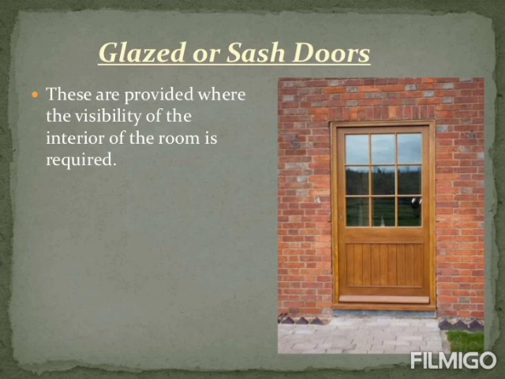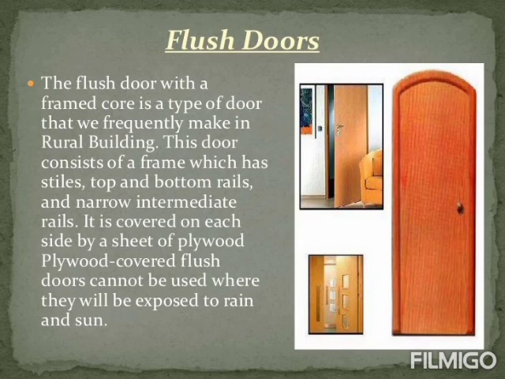Glazed or sash doors. These are provided where the visibility of the interior of the room is required. Flush doors. The flush door with a framed core is a type of door that we frequently make in a rural building.